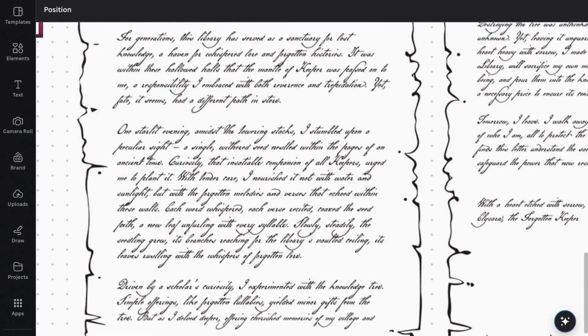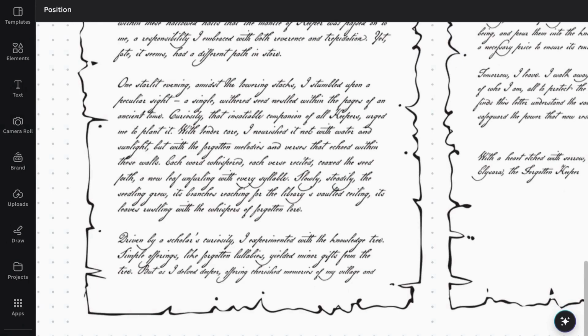One starlit evening, amidst the stacks, I stumbled upon a peculiar sight. A single withered seed nestled within the pages of an ancient tome. Curiosity, that insatiable companion of all keepers, urged me to plant it. With tender care, I nourished it not with water and sunlight, but with the forgotten melodies and verses that echoed within these walls.